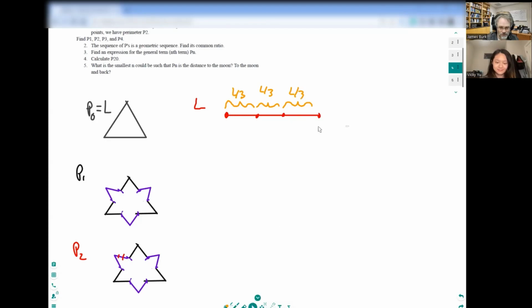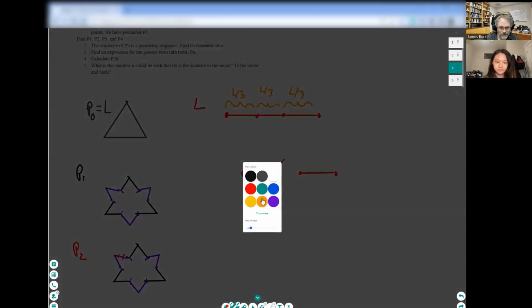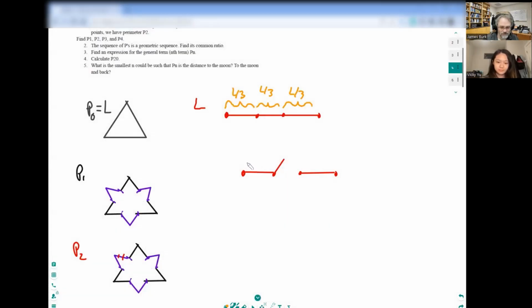Okay, now what I'm going to do next is take the line segment in between, and simply rotate it up. Again, what's the line segment's length here?